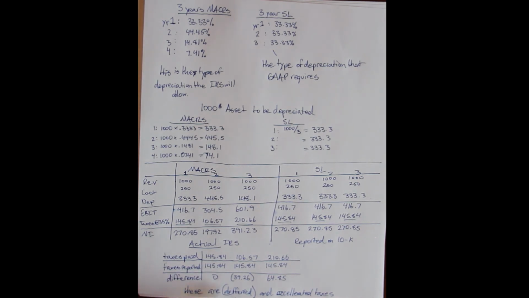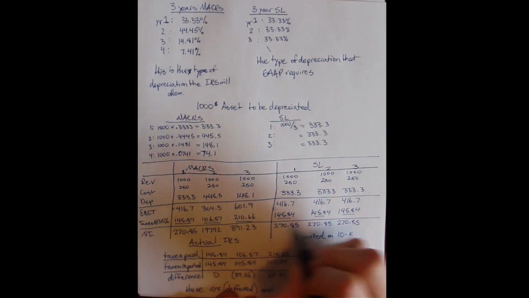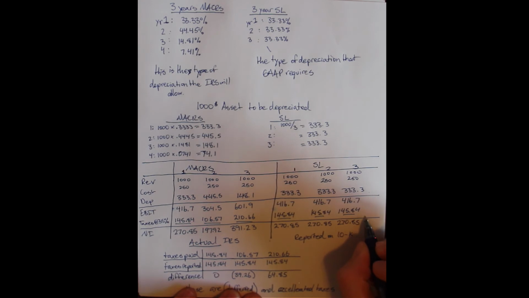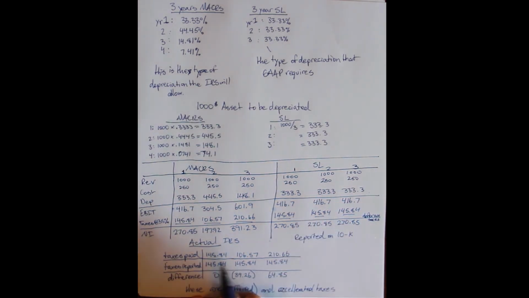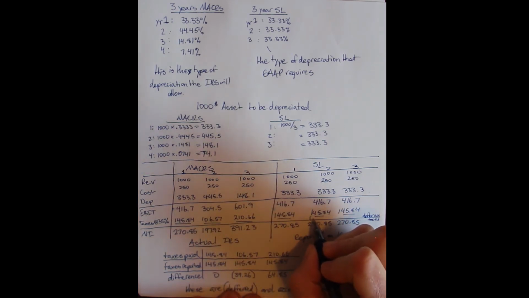And the way this looks on the income statement is we would just have a new measure on the straight line side. We'd have a new entry down here that would just be deferred or accelerated taxes. And that would correct our net income so that it would report our actually paid net income. So here I'd have deferred taxes of $39.26.